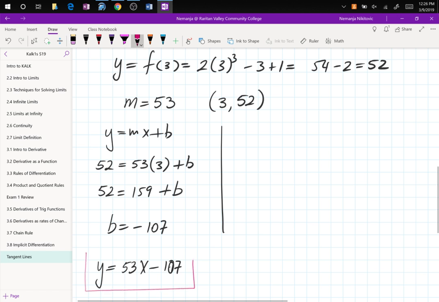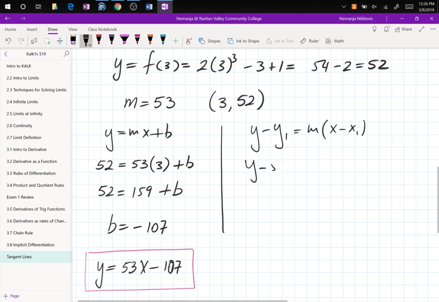So if you use y equal mx plus b, that's the procedure. You have your x, you have your y, you have your m, you plug them in, you find b, and then at the end, to present the equation of the line, you say y equals mx plus b, you plug in m, you plug in b, and leave x and y alone, right? The other way is to use y minus y1 is equal to m times x minus x1.